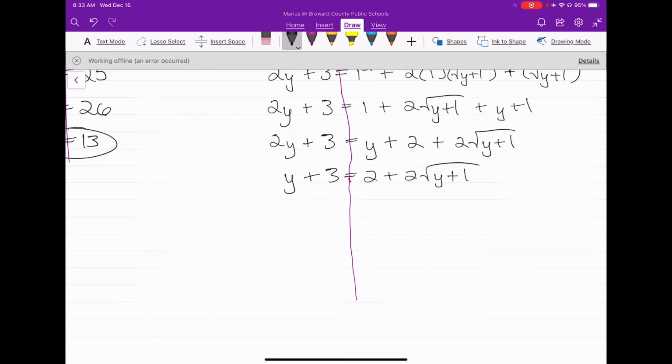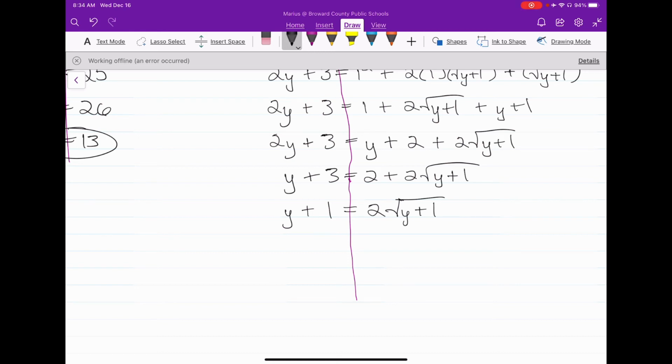From here, instead of subtracting 3 from both sides, let's subtract 2 from both sides. So that's going to make this y plus 1 equals 2 square root of y plus 1. Now what we can do again is go ahead and square both sides.